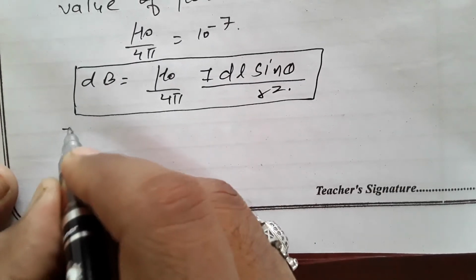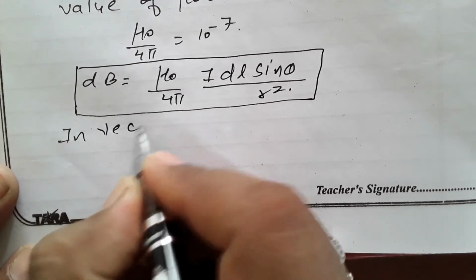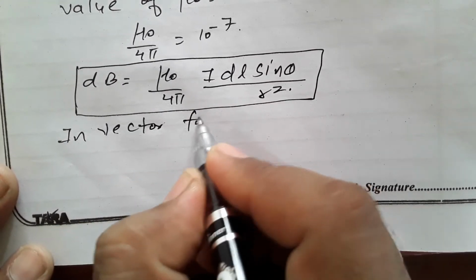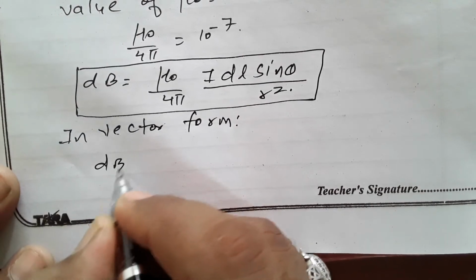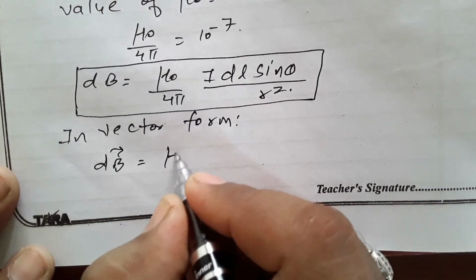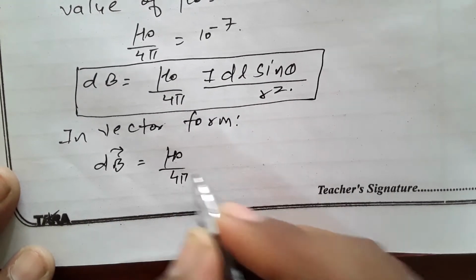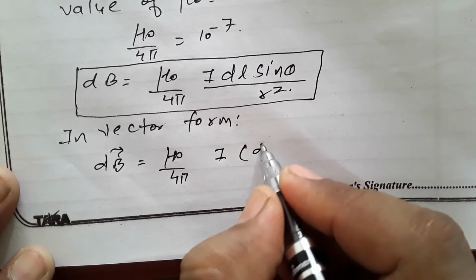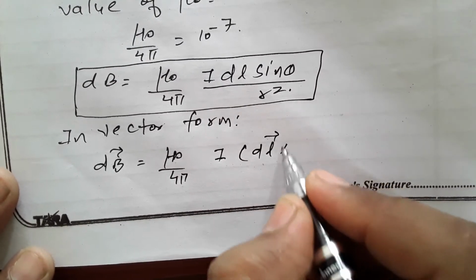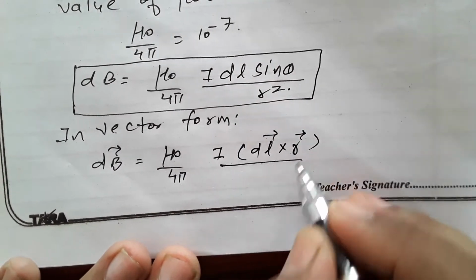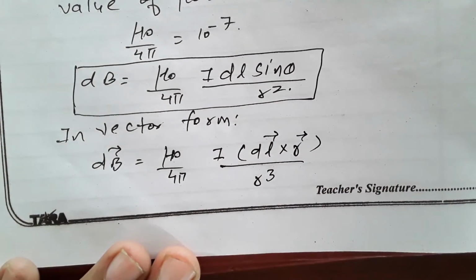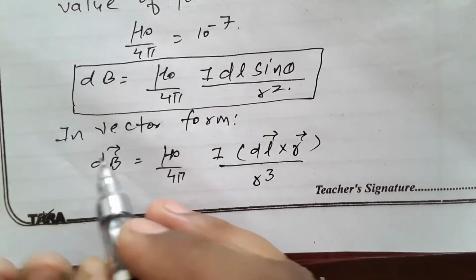In vector form, dB is equal to mu naught upon 4 pi into I into dl cross r upon r cube. So this is the vector form of Biot-Savart's law.